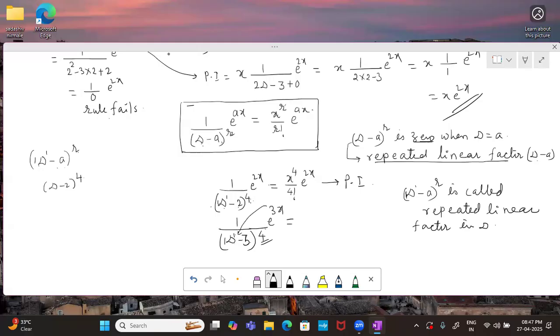It is a 4 times repeated linear factor. The answer will be x raised to 4 upon 4 factorial e raised to 3x. That is the result. So this is the way to apply this formula. A very useful formula for finding the PI. Clear?